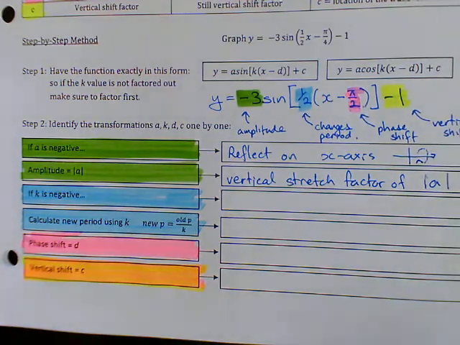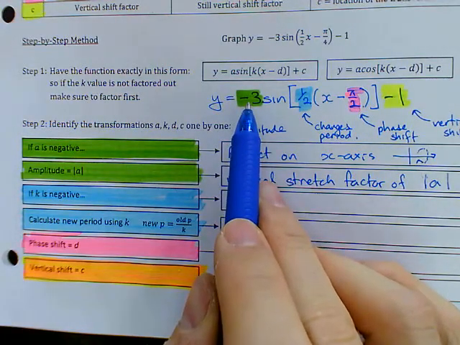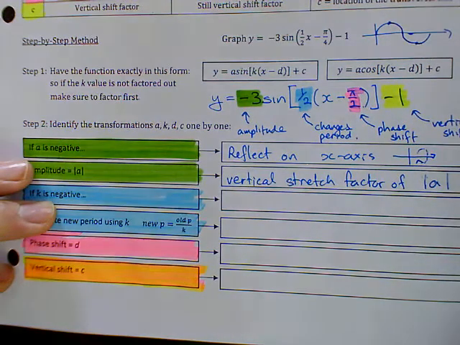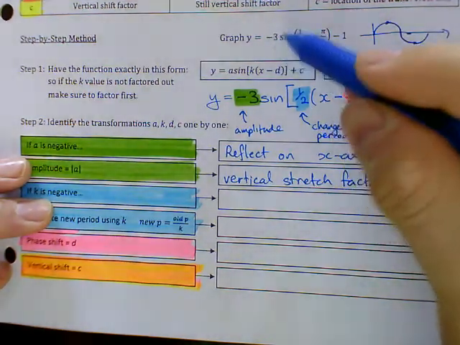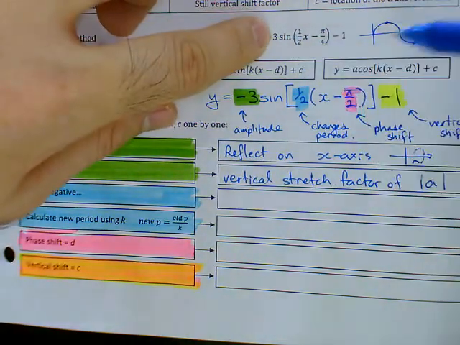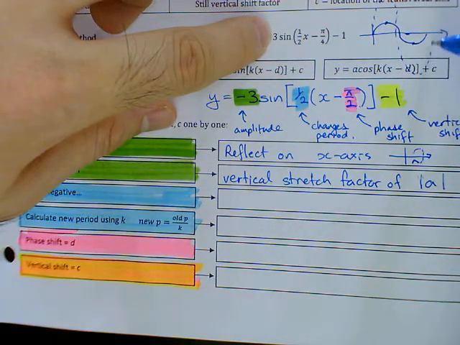Remember, the sine curve used to be just 1 and then -1? Well, I'm multiplying everything by a 3, so it goes up now and down, right?